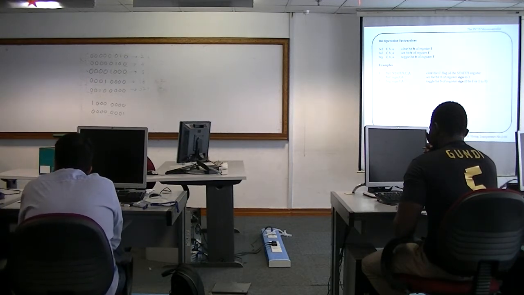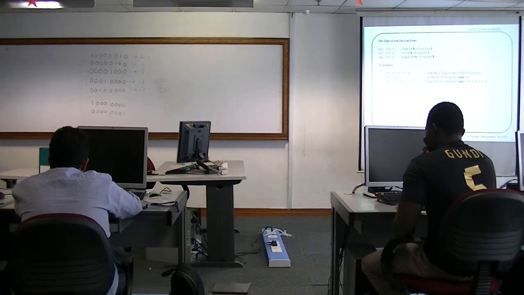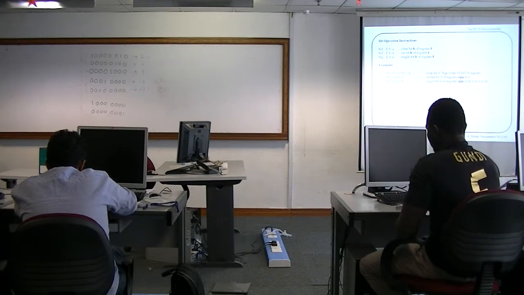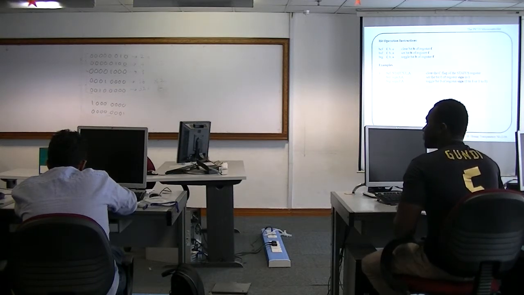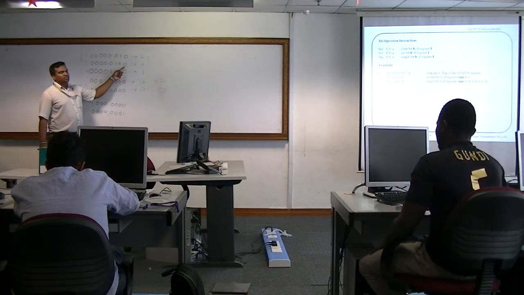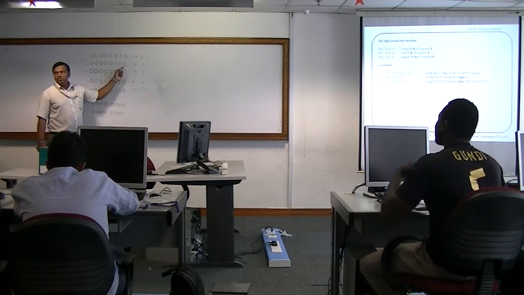If 1 is divided by 2 you get 0.5, but you cannot represent 0.5 here. So when you want to perform division for a non-float binary number, the binary number must be even. Even number means the least significant bit must be 0. So in order for the division by 2 to be true, the least significant bit must always be 0.